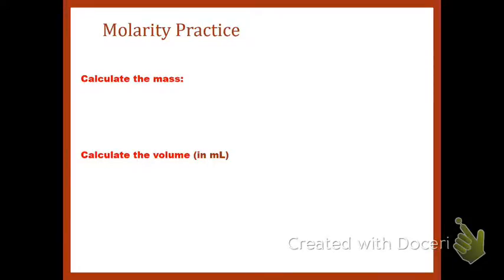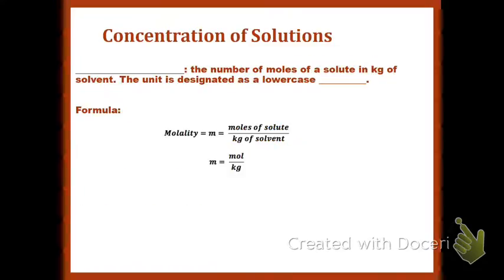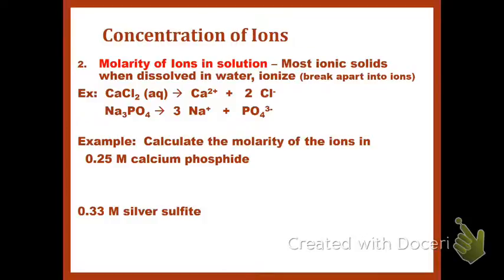That's your molarity practice. So then we're going to talk about concentration of ions, which is a concept that's going to be very important for us as we go forward from this point on. Whenever I have a solution, and if I tell you it's 0.25 molar sodium chloride, I actually have 0.25 moles of sodium ions, and I would have 0.25 moles of chloride ions, okay?